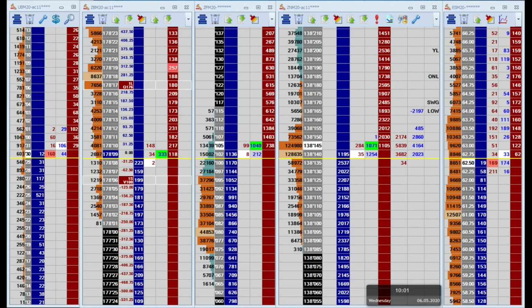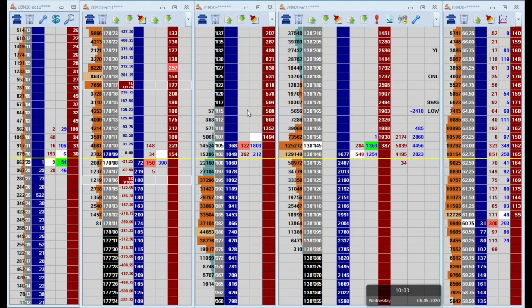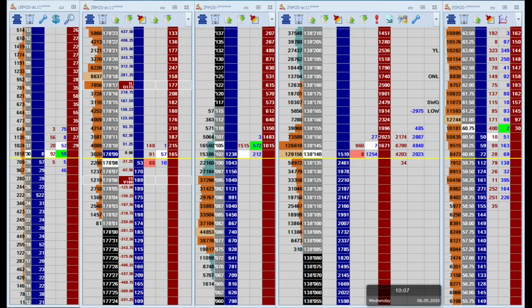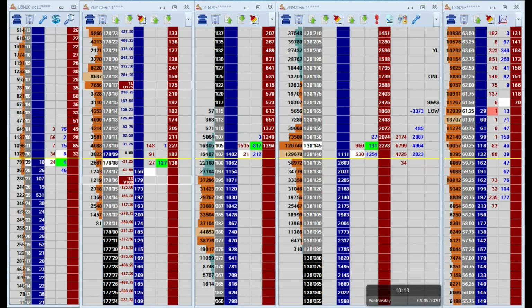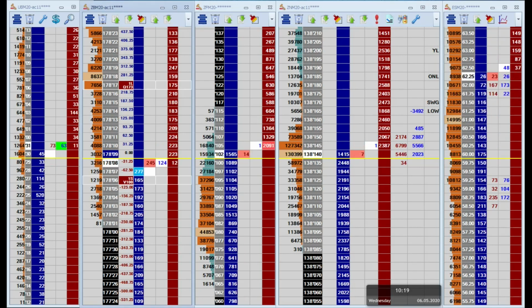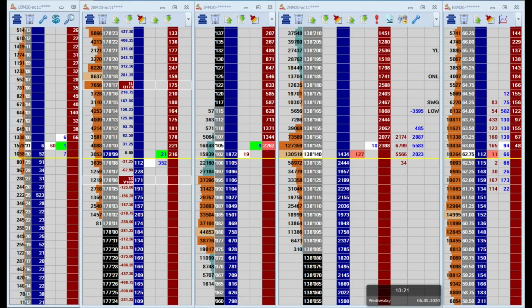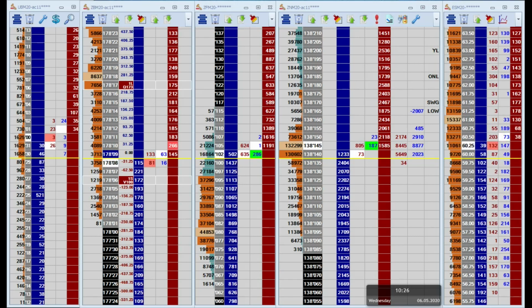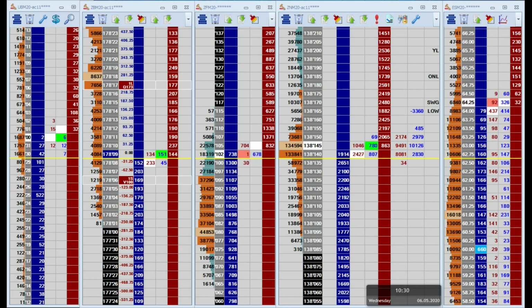This is the lunchtime hour in treasuries and bonds. They just go nowhere, and when they finally do break, they pop. This is another one where basically 15.14 was where it had sold down previously.